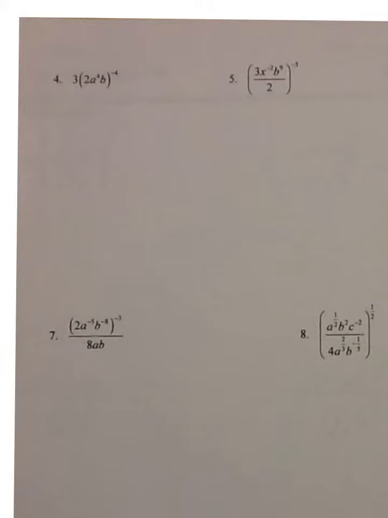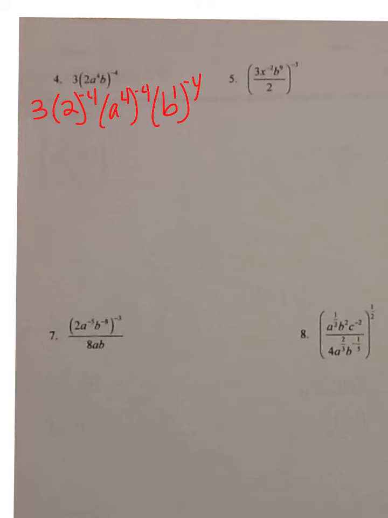Okay, so number 4. Notice the 3 is on the outside of the parentheses, so only what's on the inside of the parentheses gets that negative 4 power. So I have 3, 2 to the negative 4, a to the 4th to the negative 4, b to the 1st to the negative 4.